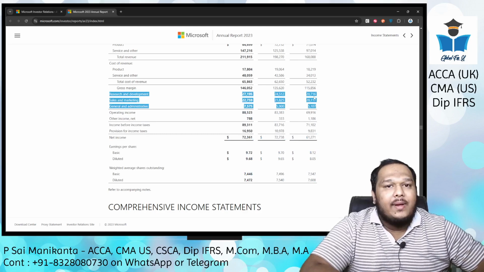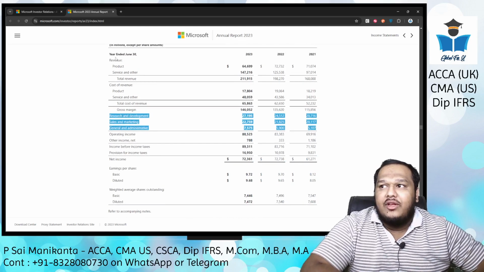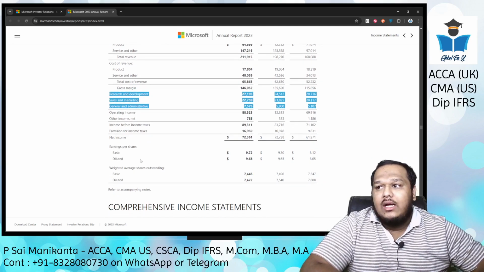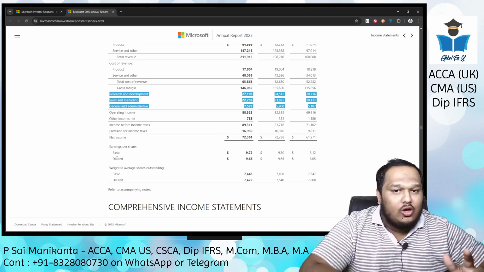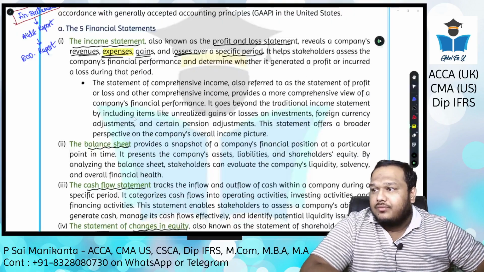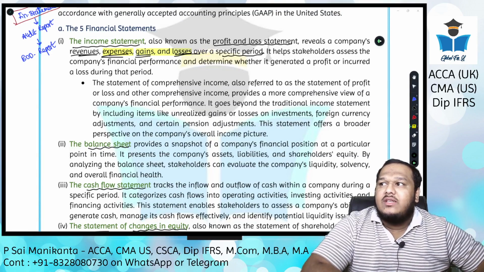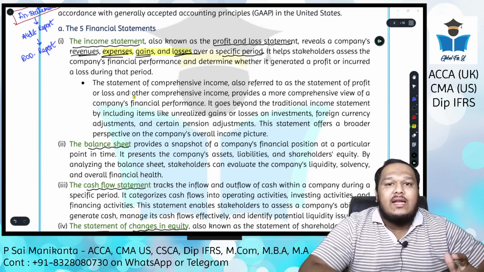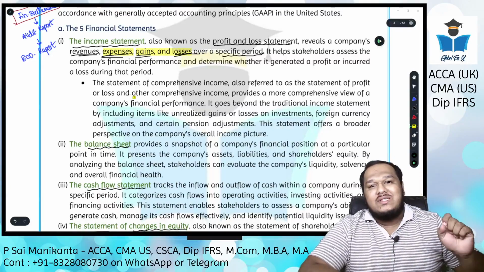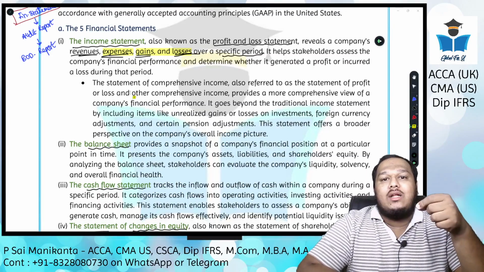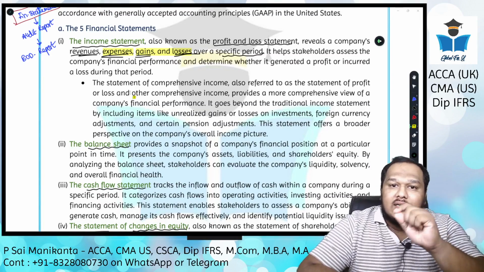I hope you are all paying attention. So you have your revenues, you have the expenses, then you have your incomes or losses, whatever you want to call it. So the gains or losses. So again, what is the difference between an expense and a loss? An expense is something that you spend. A loss is something that is a result of an action.